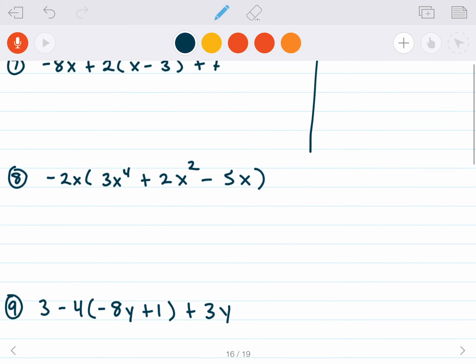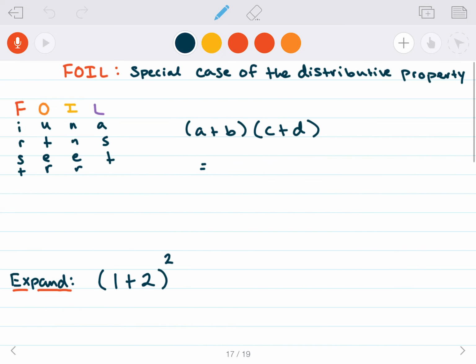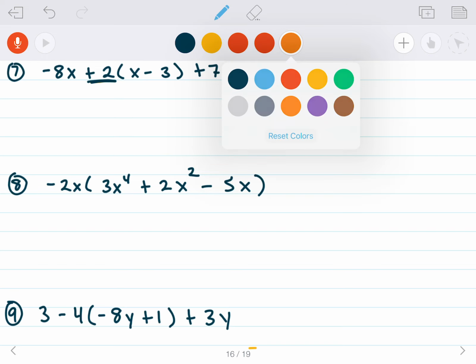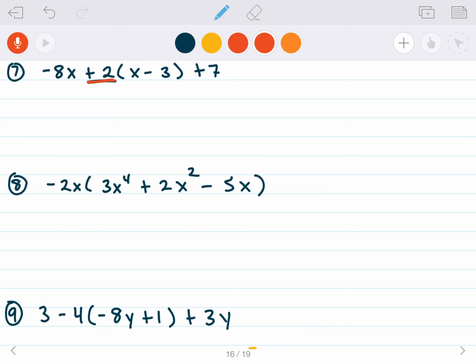Okay, let's do some more practice. Again, I encourage you to pause the video and see if you can do these on your own. Okay, so first thing I'm going to get rid of the parentheses by doing distributive property. I'm distributing a positive, let me actually do this in red, positive 2 to a positive x, and a positive 2 times a negative 3.